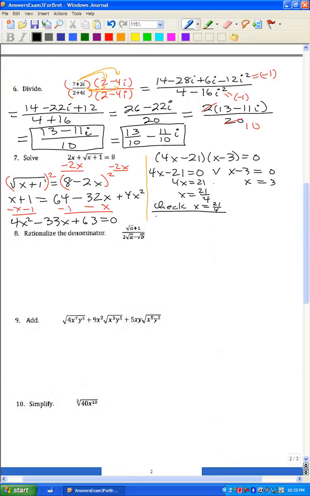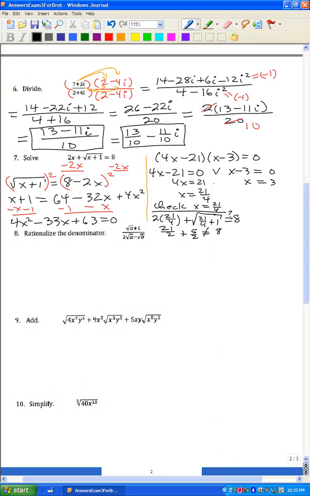And so is 2 times 21 over 4 plus the square root of 21 over 4 plus 1 equal to 8? And so is 21 over 2 plus the square root of 25 over 4, which is 5 over 2, equal to 8?